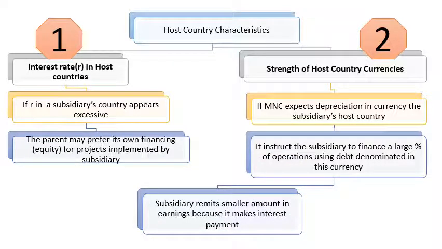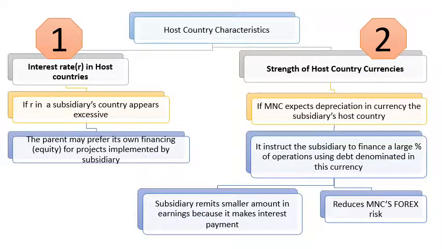As a result, the subsidiary remits a smaller amount in earnings because it makes interest payments on the debt, which will reduce the multinational company's exposure to foreign exchange risk.